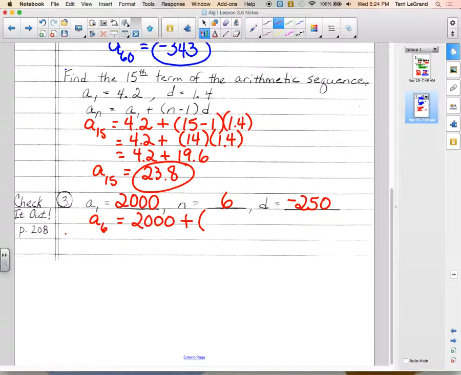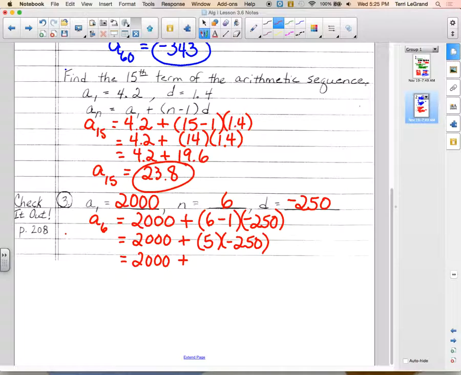Remember, in parentheses, we do the n minus 1, and we take that times our d value, which is negative 250. So we have 2,000 plus 5 times negative 250. So we have 2,000 plus the product of 5 and negative 250.